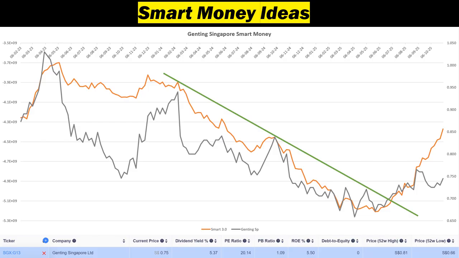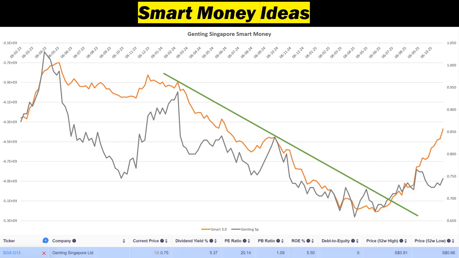So as the orange line starts to trade above the green trend line, this gives us an indication that perhaps there is going to be a change in trend, and the smart money is switching from selling to buying, right? So as we can see here, sometime around July of this year, smart money started buying on the Genting Singapore.